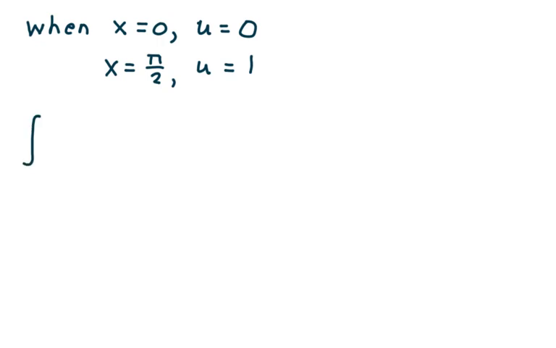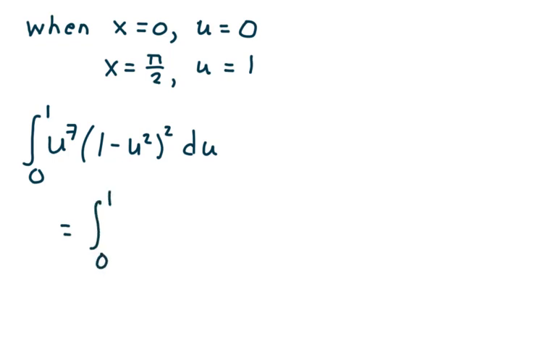And so we get the integral from 0 to 1 of u raised to the 7th power times 1 minus u squared to the 2nd du. And so this is the integral from 0 to 1 of u to the 7th times 1 minus 2u squared plus u to the 4th du.